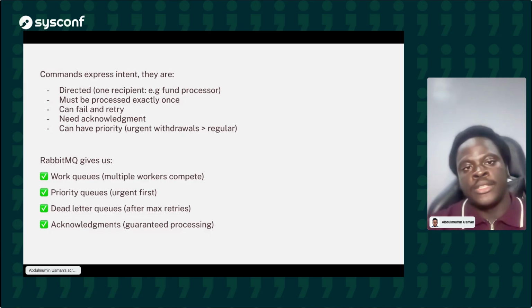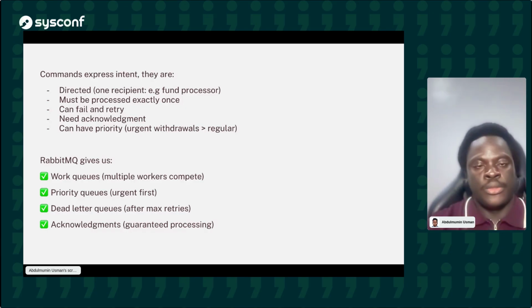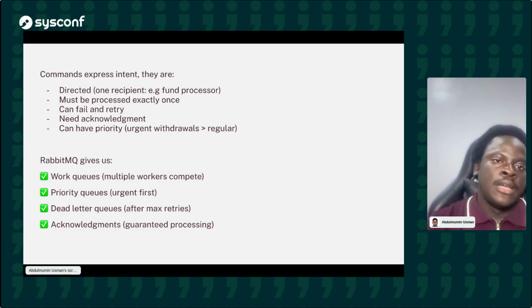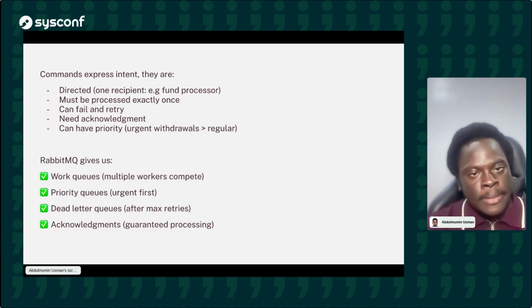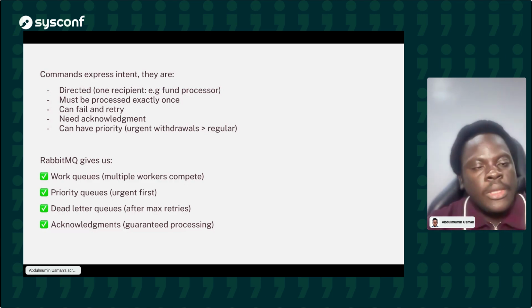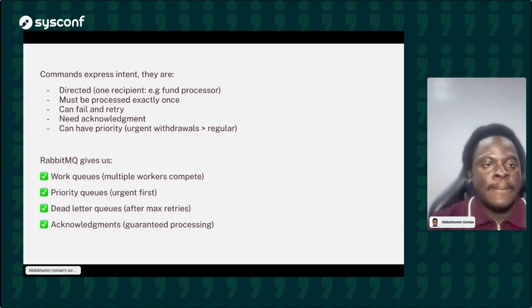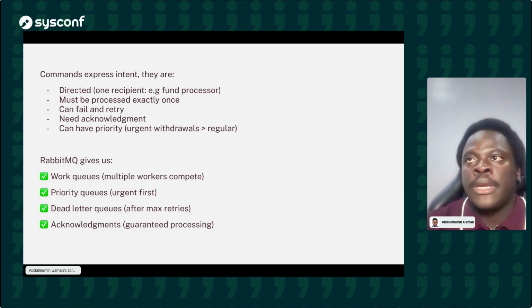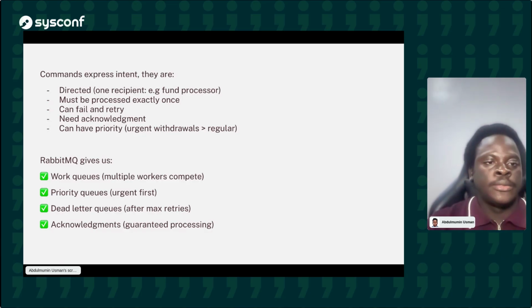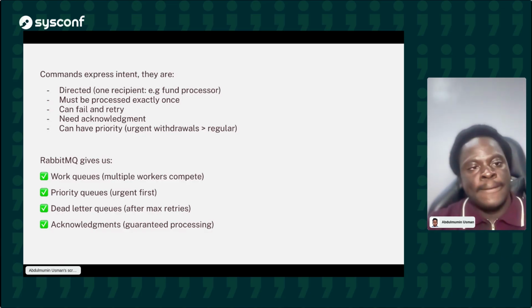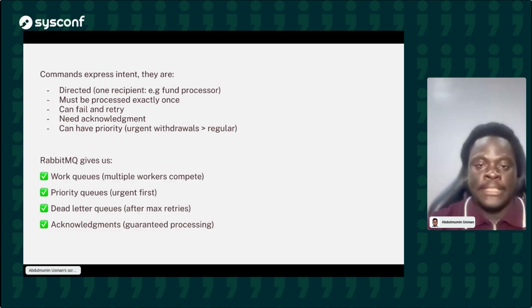You can also have priorities with this. You could have urgent, and structure it in such a way where you have priority queues and all of that. For this, we used RabbitMQ to enqueue commands. With RabbitMQ, you could have a worker that consumes from a queue and processes the work in the background.